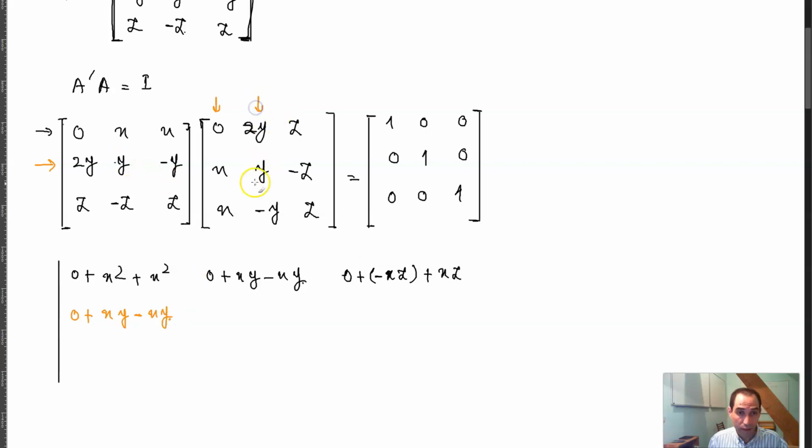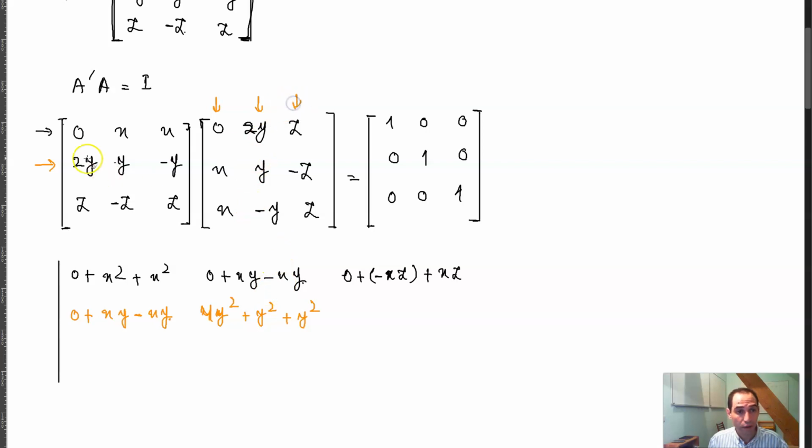Then times this column, you have 4 times y squared, and y squared, and positive y squared.